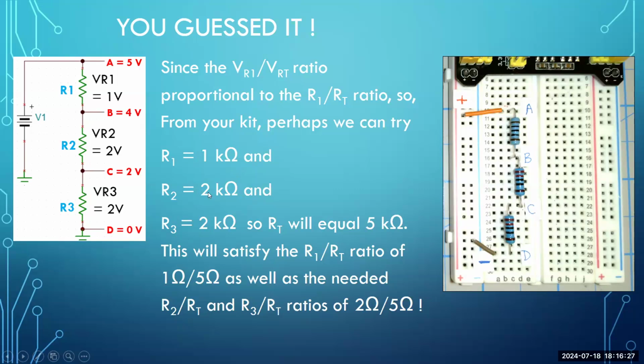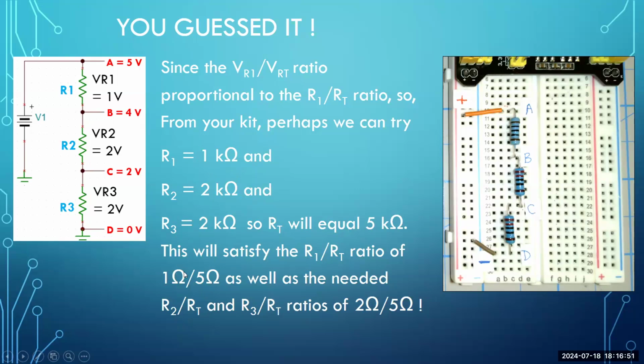If I have 1 k ohm in series with 2 k ohm in series with 2 k ohm, does my R total equal 5 k ohms? Hey, isn't that cool? Does this then satisfy the ratio that we're looking for of 1 to 5 for R1? R1 is 1k over 5k.